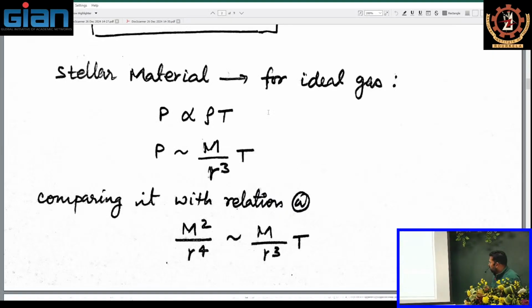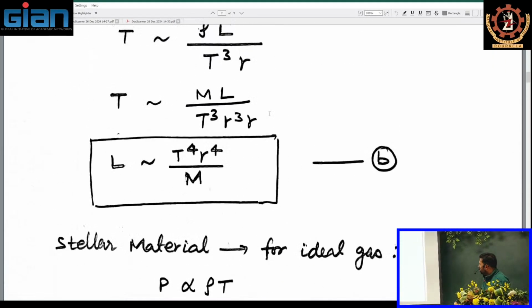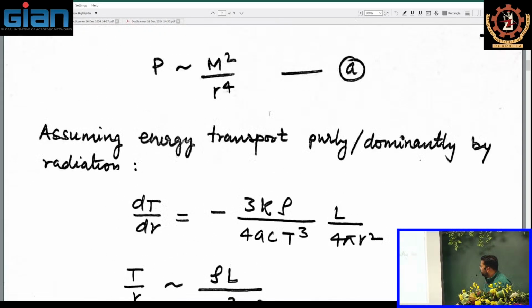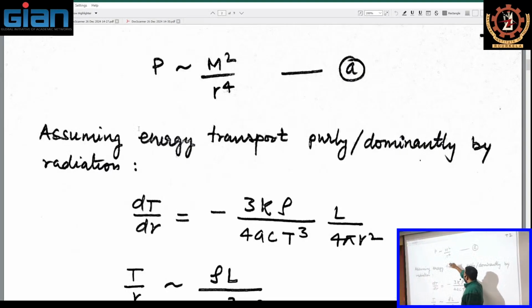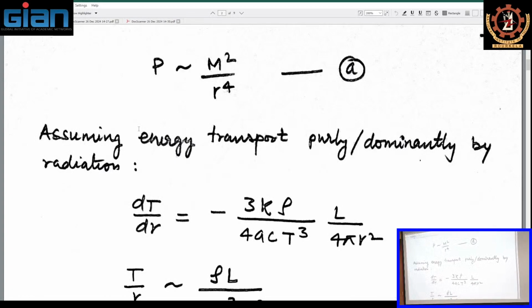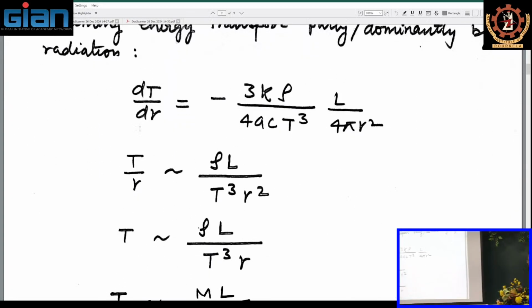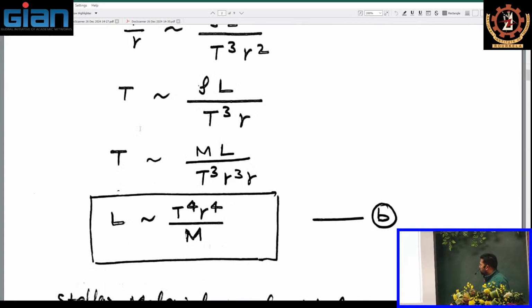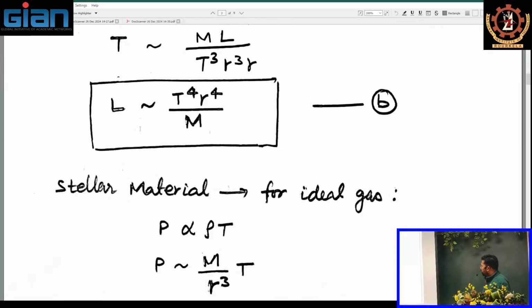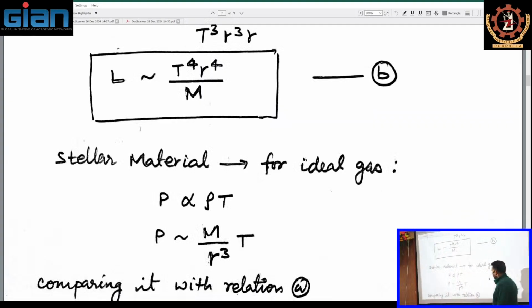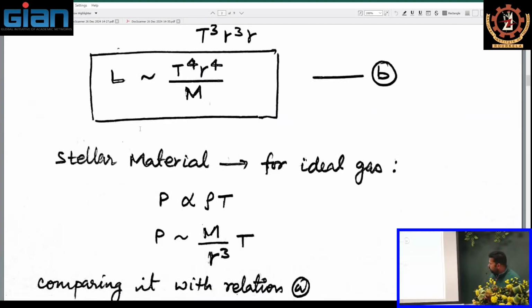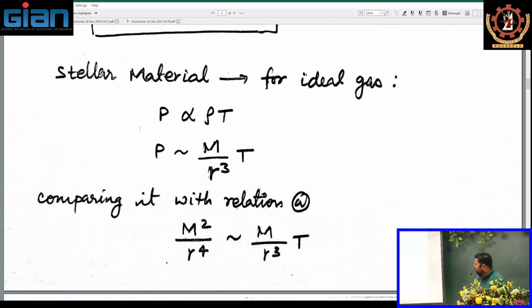Let me show you once again what we had here. Pressure P is proportional to M square divided by R to the power 4. Remember it is coming from the hydrostatic equilibrium relation, and now here what you had is P is proportional to mass divided by R cube multiplied by T. If you compare these two relations, eventually you will get a relation between mass, radius and the temperature.